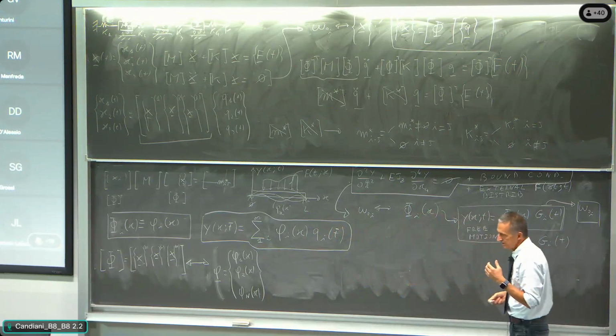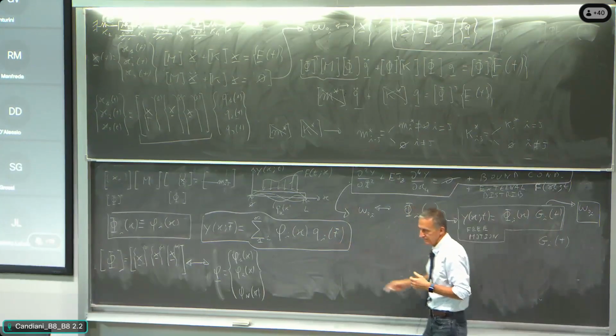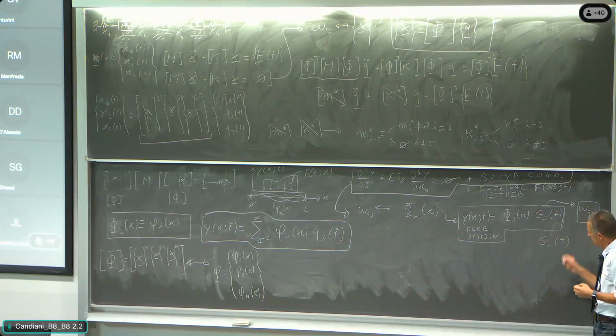Next, the point is that the functions qi, functions of time, have absolutely nothing to do with gi.